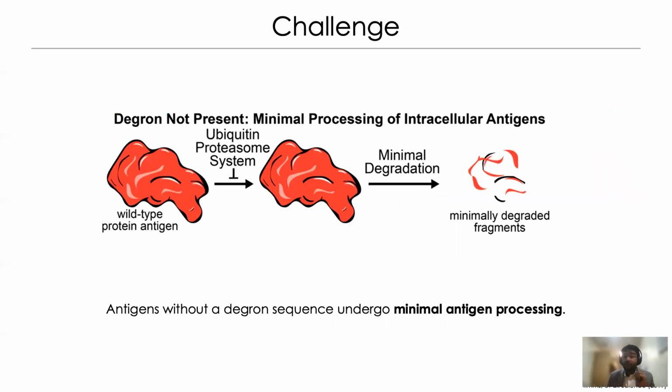The hypothesis that we are starting with is that if a particular degron or motif at the end of this epitope, on either the N term or the C term, is not present, then there is minimal processing of this entire peptide vaccine. And that leads to a lack of therapeutic response in terms of the entire vaccine administration and workflow.